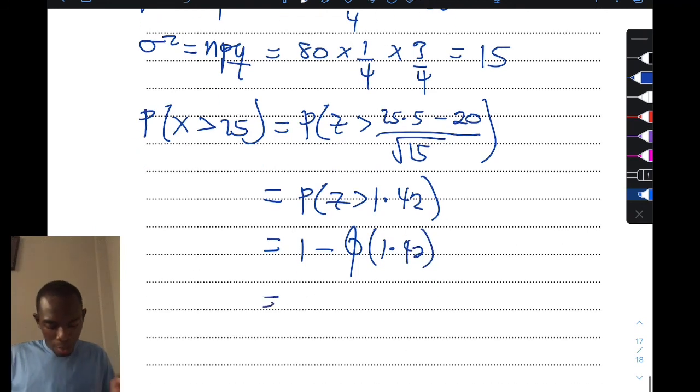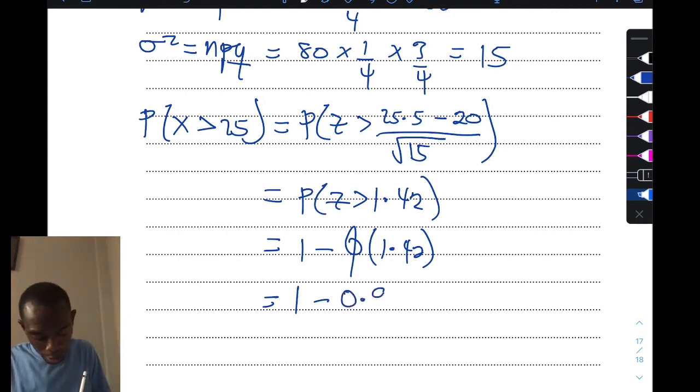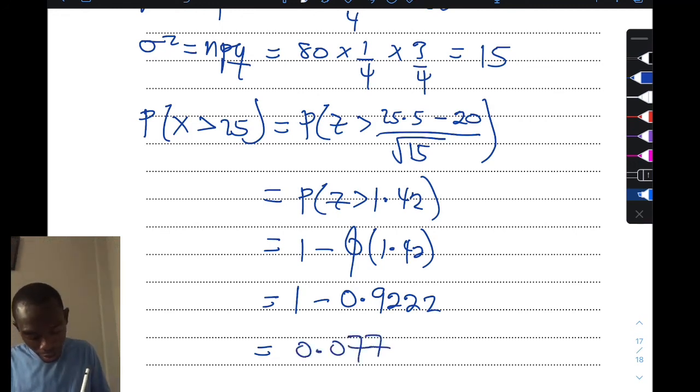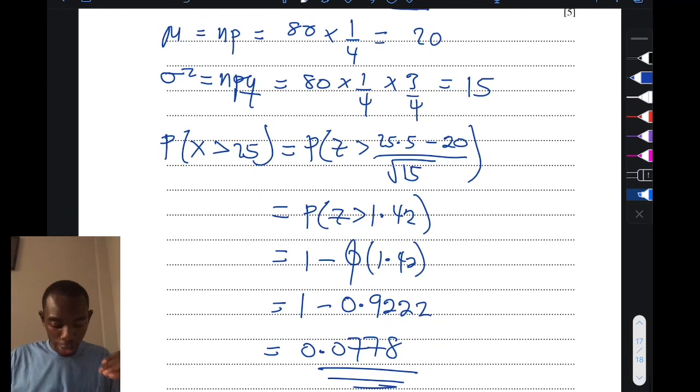Phi of 1.42 is 0.9222. So 1 minus 0.9222 will give us 0.0778, and that is how we use the normal distribution to approximate this distribution.